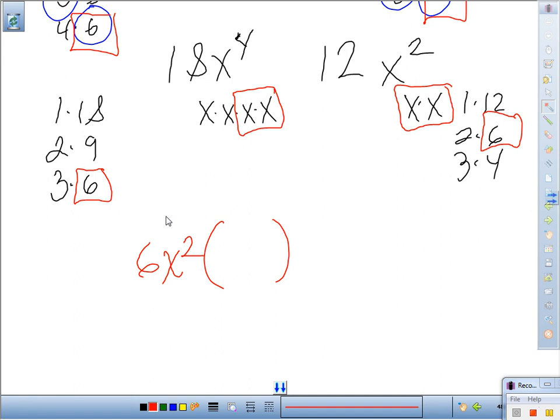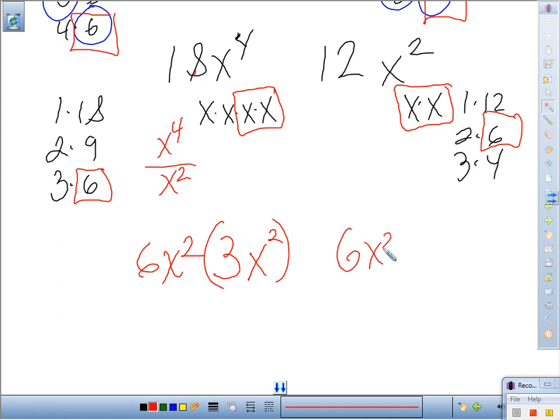Factoring, what does that mean? Dividing, all right. What is 18 divided by 6? 3. What is x to the 4th divided by x to the 2nd? x to the 2nd. If you don't see it, write it out. What happens to the exponents? We subtract, and that's how we get that.